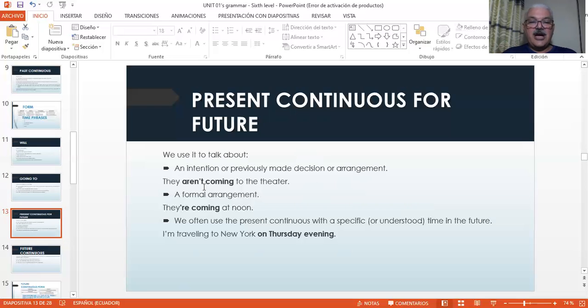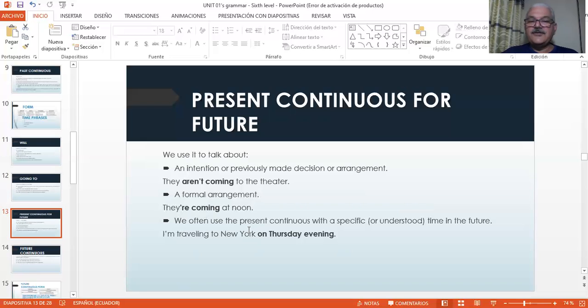So we say, they aren't coming to the theater, okay? So it was a decision and we know they are not coming to the theater. A formal arrangement, of course, in this case we say they are coming at noon. That's something which is very strong.